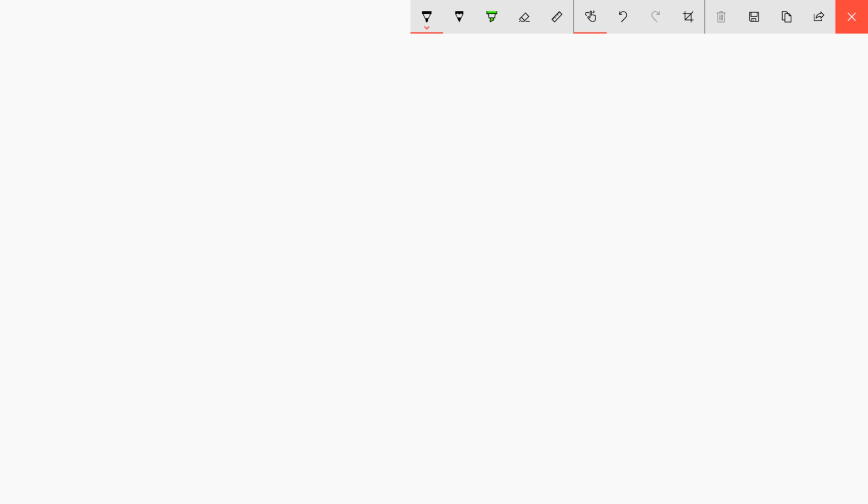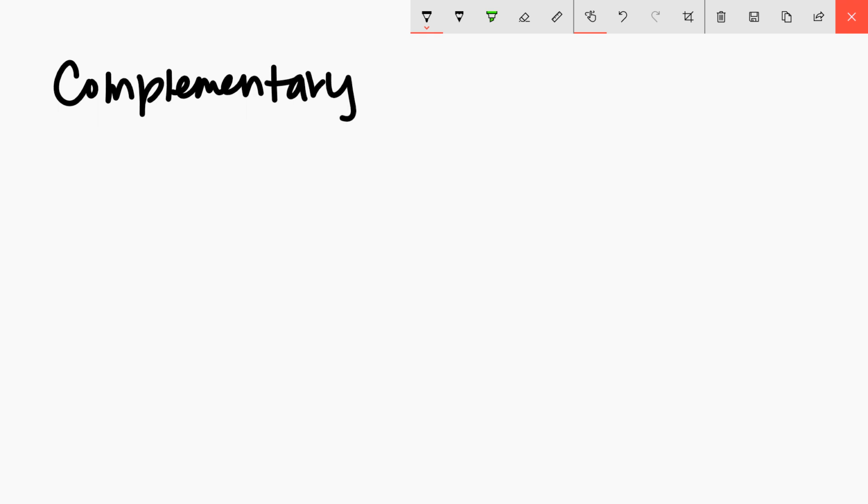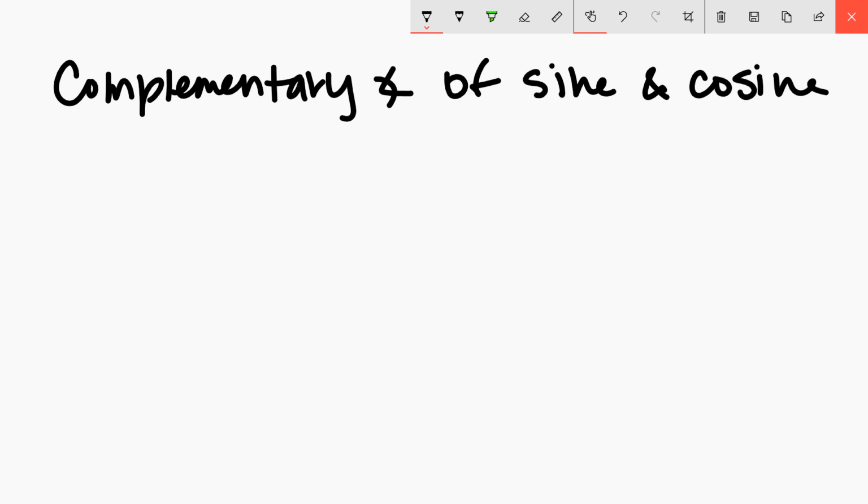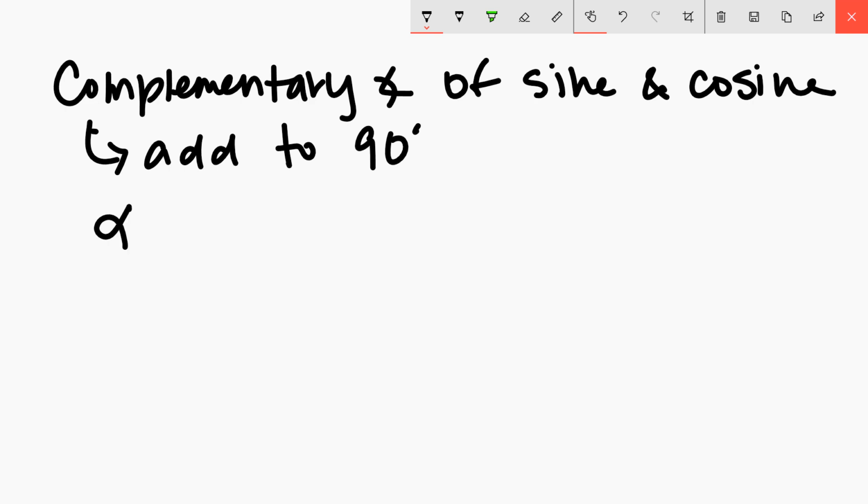Last thing on my list was that we're going to talk about complementary angles of sine and cosine. Remember that complementary meant you need to add to 90 degrees, right? So if I had two angles, calling them alpha and beta, they have to equal 90 degrees.